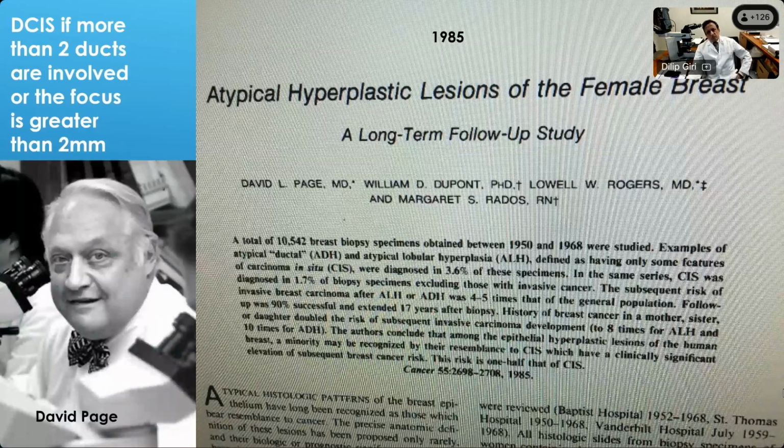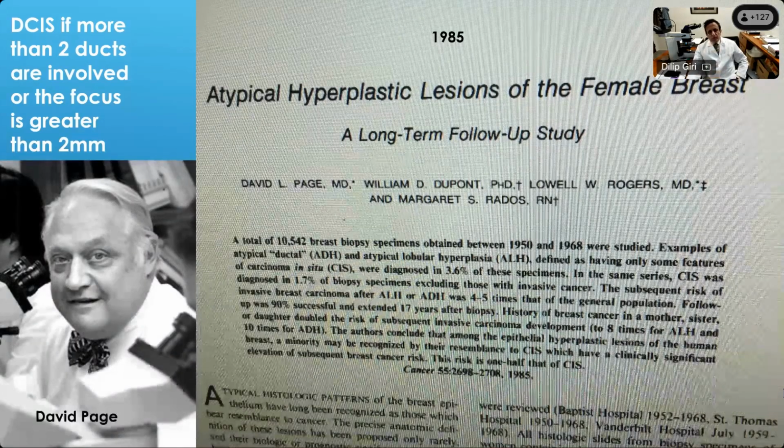Now, the question of size criteria was first addressed by David Page and also Tavassoli. David Page was at Duke in Tennessee, and Tavassoli worked at Yale in New Haven, Connecticut. So both of these breast pathologists did studies elucidating atypical hyperplastic lesions in the breast.